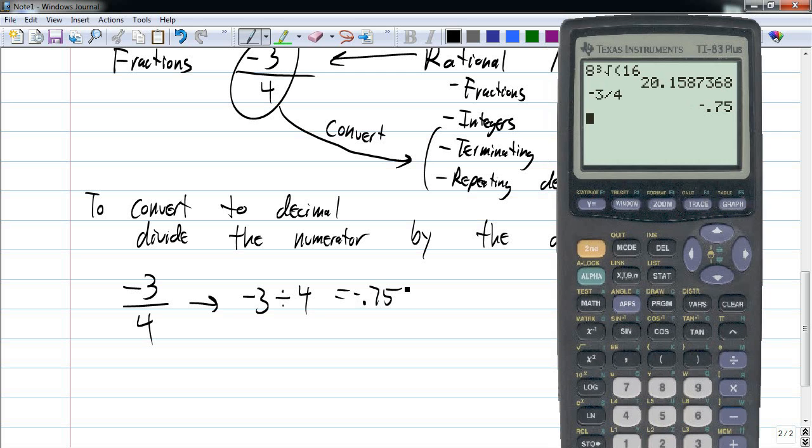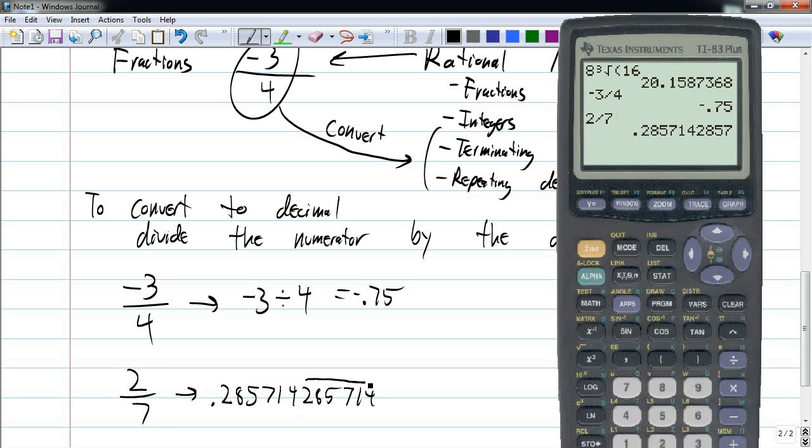If I take something like 2/7, 2 divided by 7, I get this repeating decimal. Because it's 7, it repeats pretty hard. It goes 0.285714, 285714.